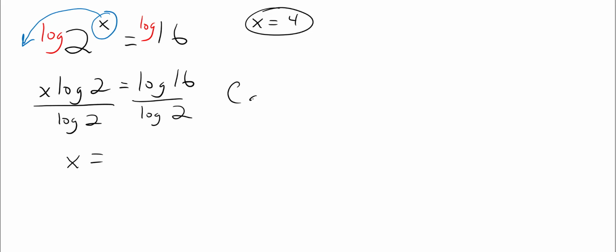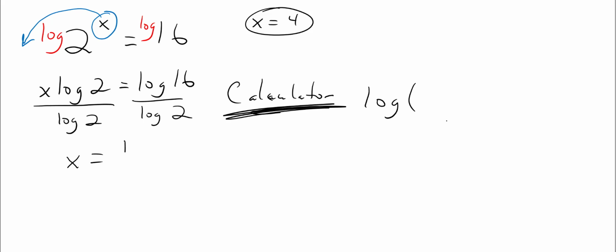You've got to use your calculator. Super important: you've got to use parentheses. When you type in the log on your calculator, you get a log with a parenthesis. You have to close a parenthesis every time you take the log of something.